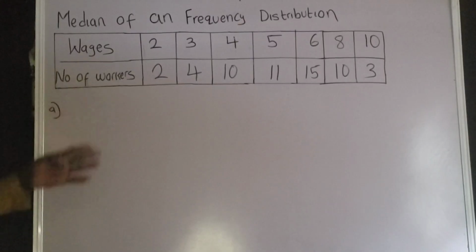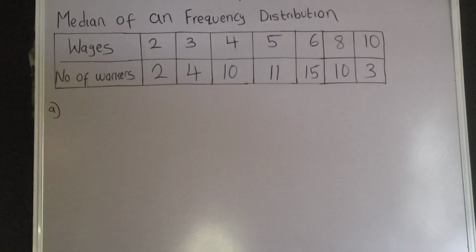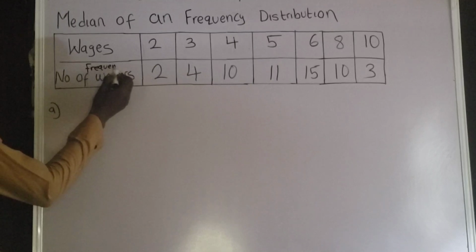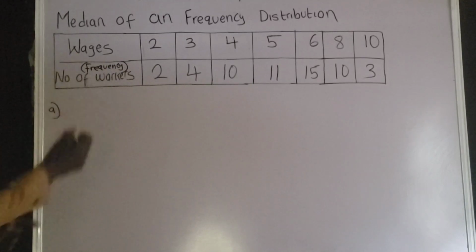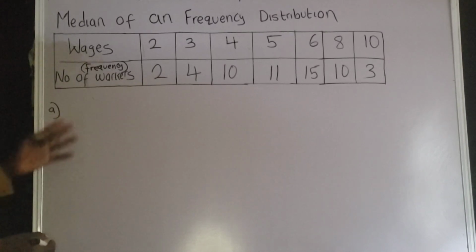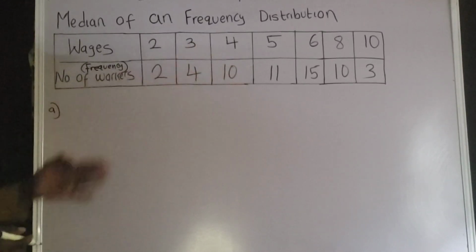To get the total numbers of workers on the farm, the numbers of workers is the frequency. And don't forget that frequency tells us the numbers of times our observations occur. So in order to get the total numbers of workers, I'm going to sum all the numbers of workers.